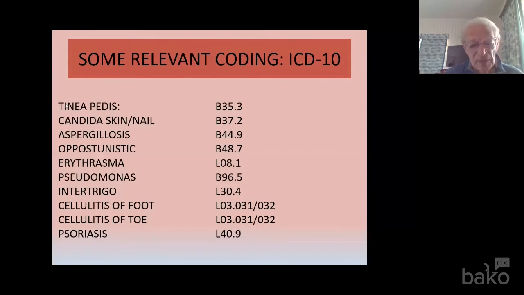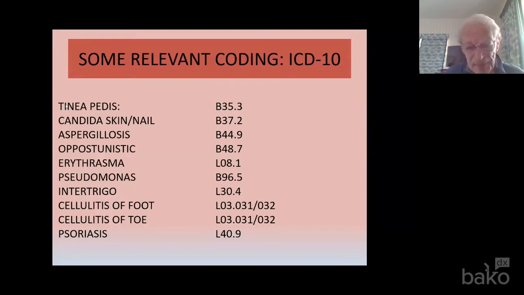For interdigital psoriasis, L40.9. For interdigital aspergillosis, that's for the skin, not the lung, obviously, is B44.9. For candida infection, it's B37.2.